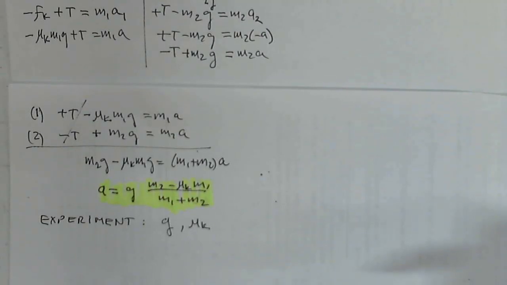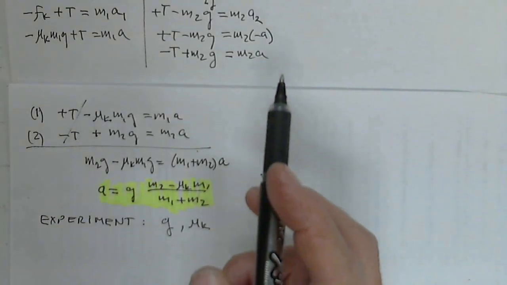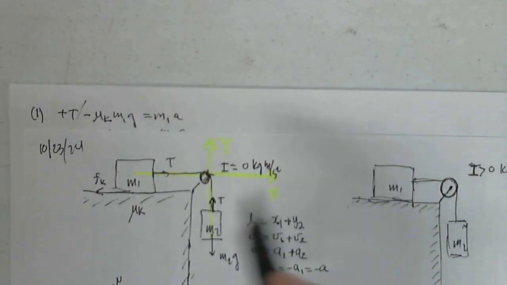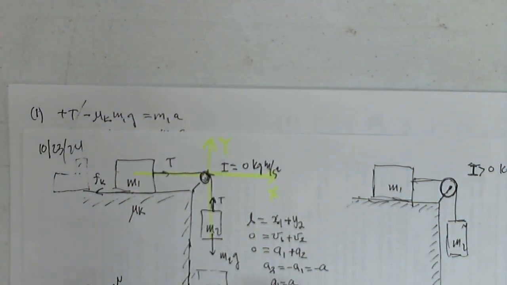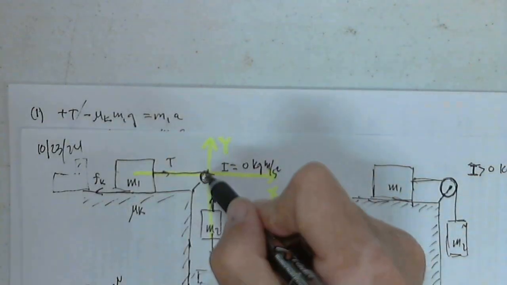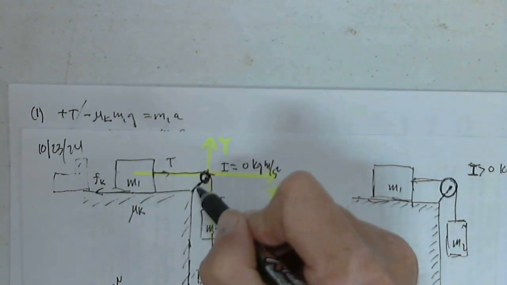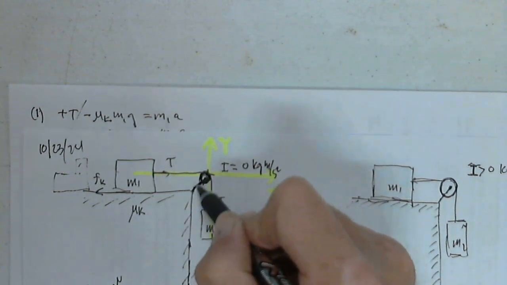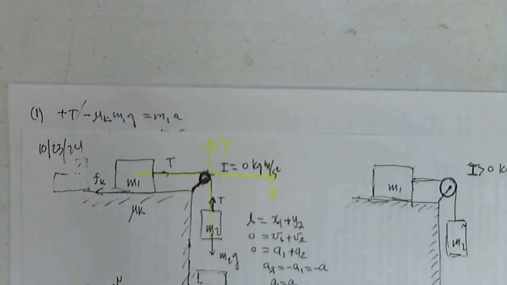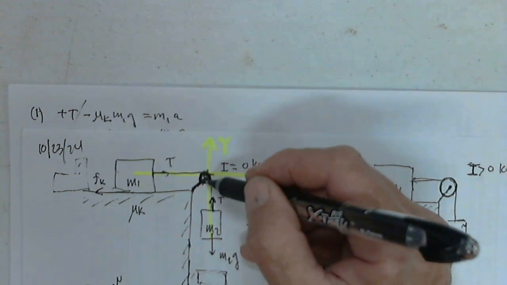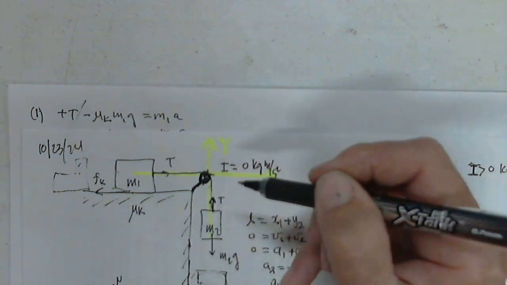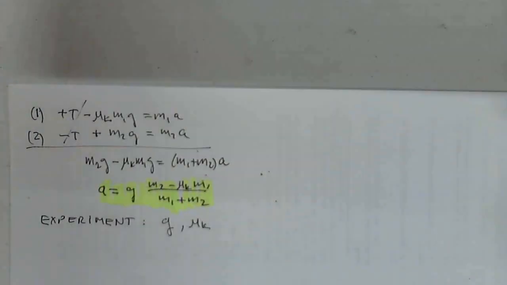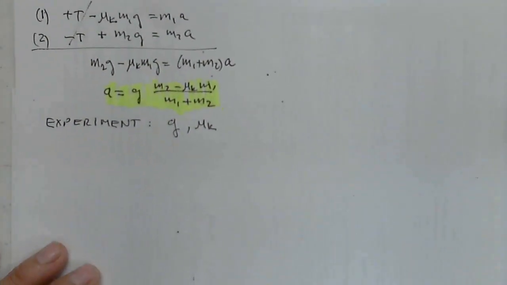I think in this case you usually measure the acceleration by putting a motion detector here behind the block or down here, either way. Or you could measure the acceleration of the pulley here if you had the smart pulley that has spokes, and by knowing the width of the spokes you can find the acceleration of the pulley, which is the acceleration of the object as well.